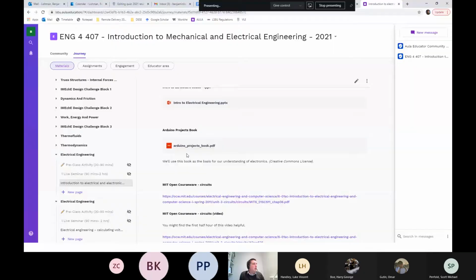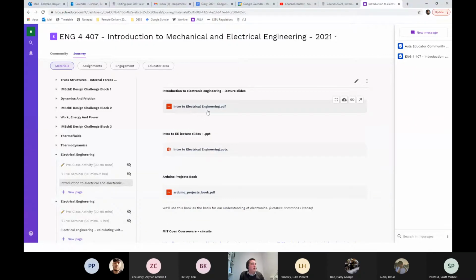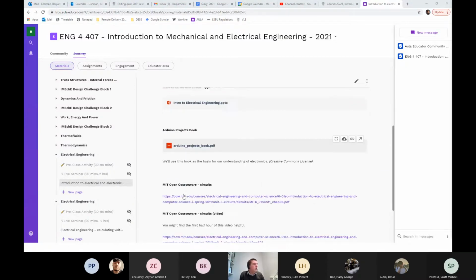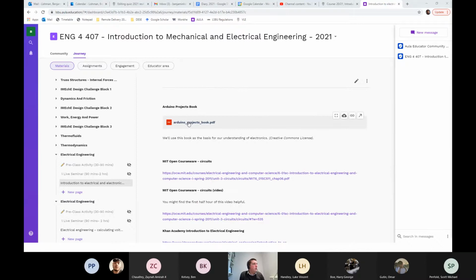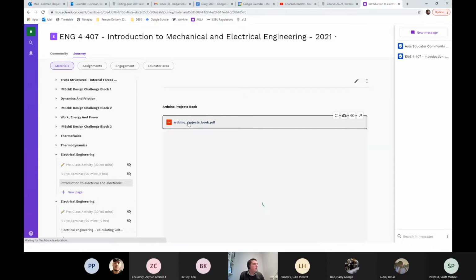Well, let's do it on Aula actually. On Aula, under electrical engineering, you'll see the slides that we're going through now, and then you will also see this Arduino project book.pdf.